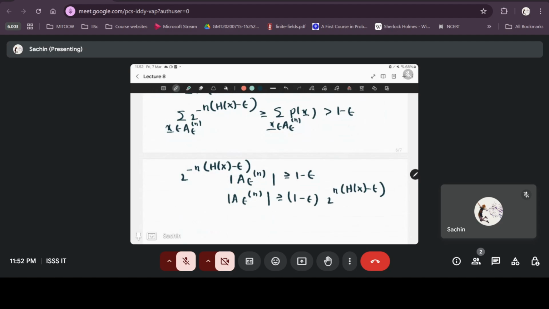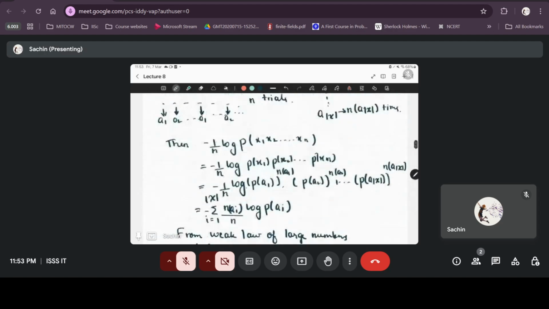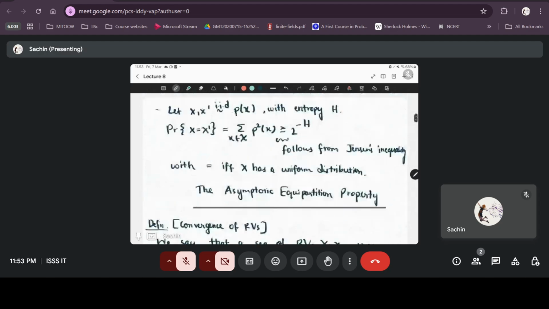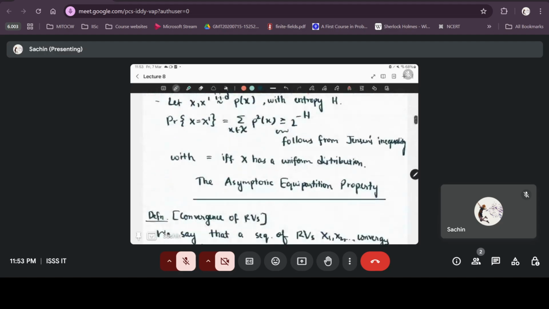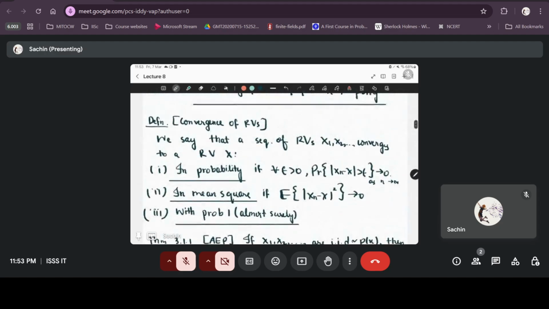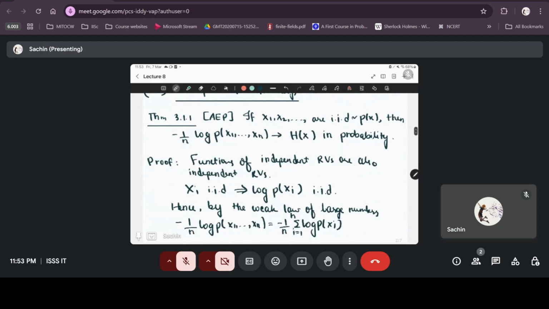So that's it for this lecture. In this lecture, we gave a small recap of what I did in the previous classes, and I had a small discussion on convergence of random variables in different senses. Then I gave you the statement of the asymptotic equipartition property and its proof.